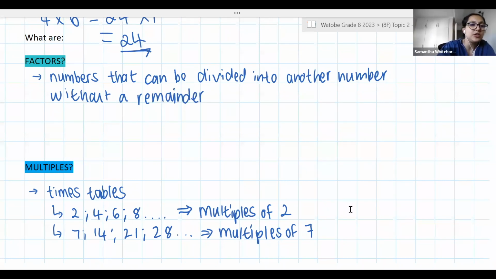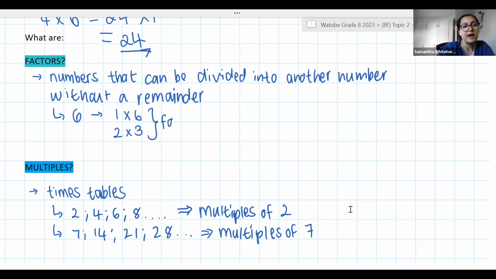If, for example, we thought about the number 6, basically what we want to ask ourselves is, let's rephrase this: what are all of the whole numbers that we can multiply together to get 6? So my factors of 6 would be 1 times 6, and then 2 times 3.